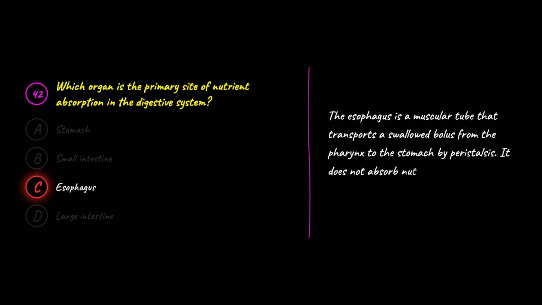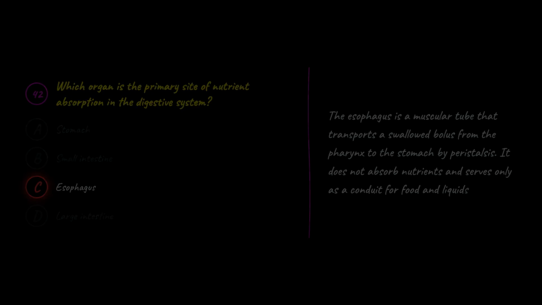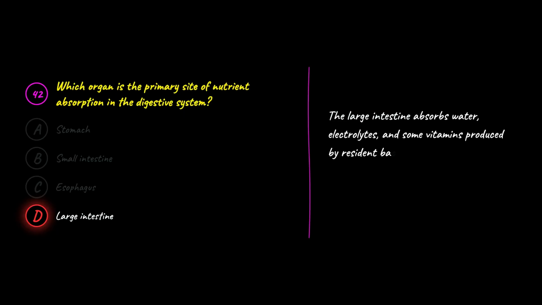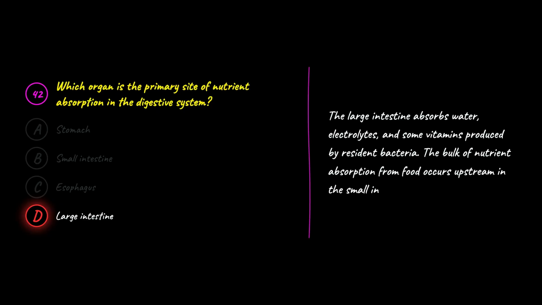It does not absorb nutrients and serves only as a conduit for food and liquids. D is wrong because the large intestine absorbs water, electrolytes, and some vitamins produced by resident bacteria. The bulk of nutrient absorption from food occurs upstream in the small intestine before material reaches the colon.